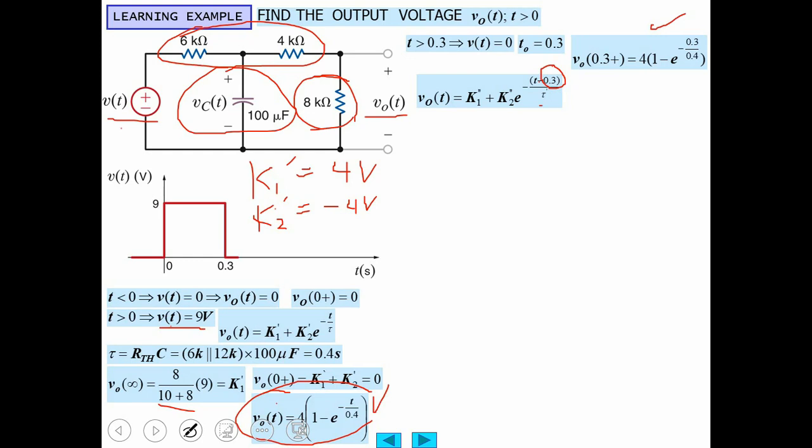We have to match these up at 3/10 of a second. Well, that of course is K1 double prime plus K2 double prime has to equal this. VO is going to equal K1 double prime plus K2 double prime. That's supposed to be a 2 down there.